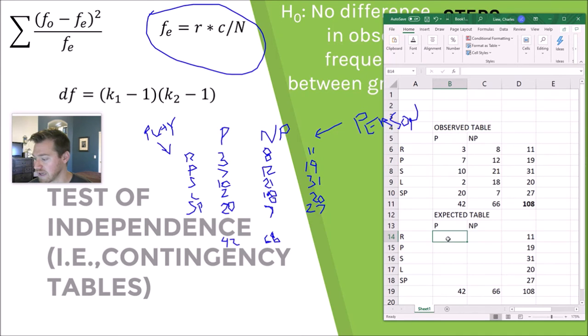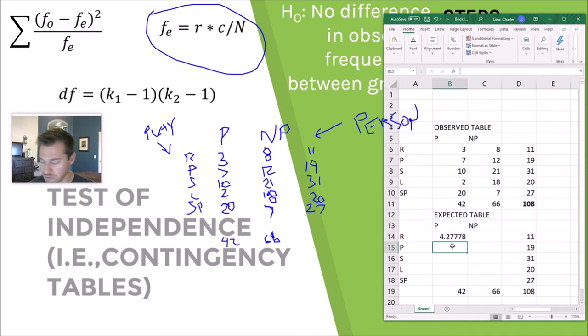So this cell belongs to row 1 and it belongs to column 1. So what we're going to do, this times this divided by this. Okay? So notice what we got here. The row that it belongs to, the row total, the column total, divided by the total for the table. So we expected 4.28 rock plays in physicists.